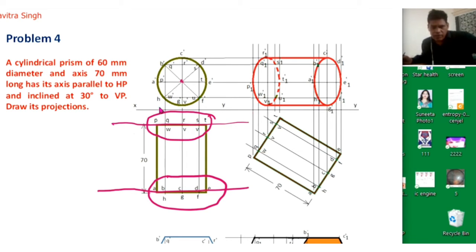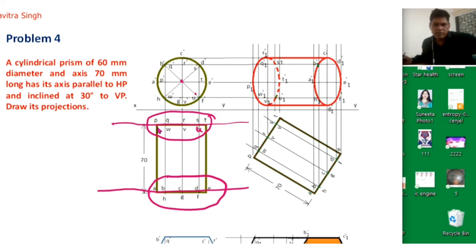So here you can see when we project a vertical line from point A dash or P dash, suppose we are drawing this surface first, we will draw a vertical line from point P dash, so we will get this point P, a vertical line from Q dash, this point Q, a vertical line from R dash, this will be point R, from S dash this will be point S, from T dash this will be point T, from U dash this will be point U, from V dash this will be point V, and from W dash this will be W. So points Q and W will be at this location, R and V will be at this location, S and U will be at this location, and T will be here, okay.